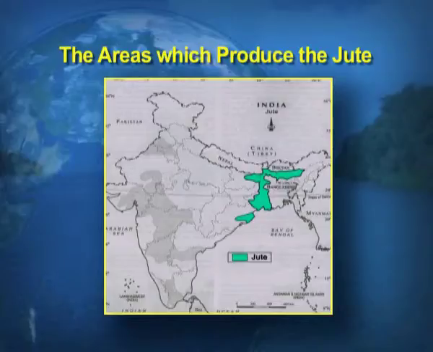You can see West Bengal is the basic state, followed by some of the northeastern states as well, where the fertility of the land is regained by a natural process, because jute exhausts the fertility of the soil. So, we require those areas where the fertility of the soil is automatically regained.